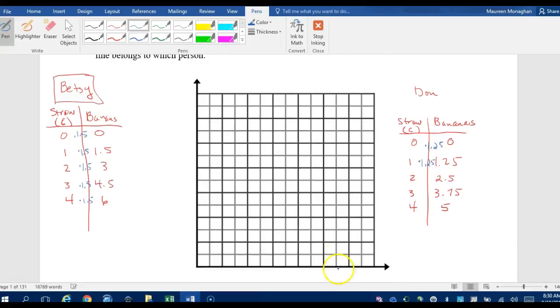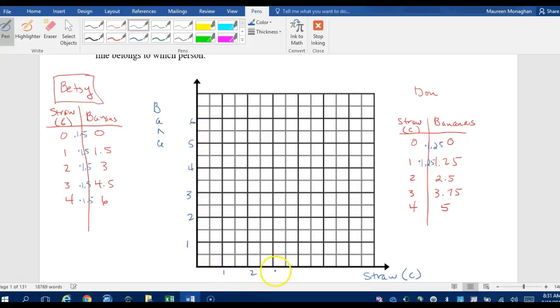Go ahead and graph these. Your strawberries go down here, the X, in cups. And over here is your bananas. Go ahead and label it. Let's make this 1, 2, 3, 4, 5, 6.